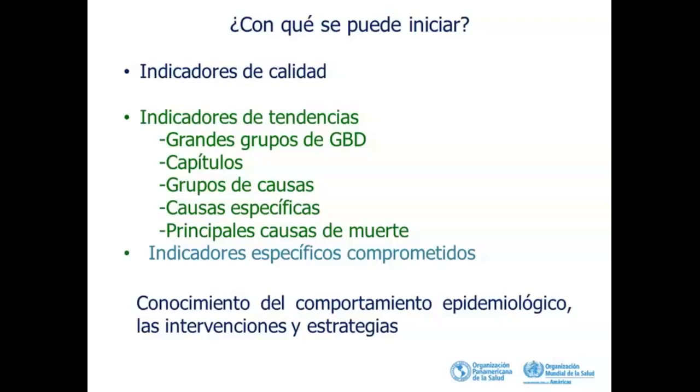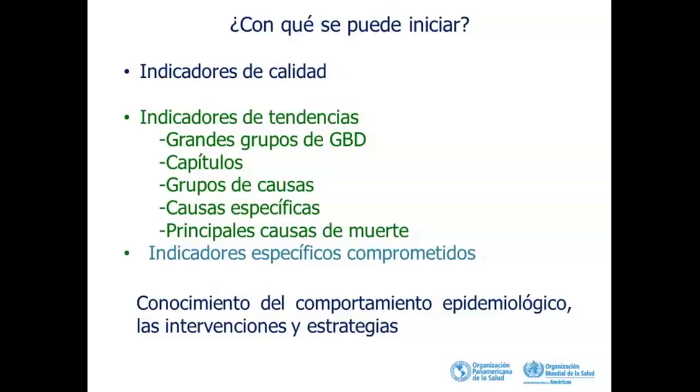And once again, I insist, we need to know about the epidemiological behavior linked to interventions and strategies. Why? Because mortality may decrease, which is expected, due to a good health system, due to interventions, or it might increase because something happened. And once again, I need to play in the sense of, is it due to classification or the event by itself? So it's necessary and can be done, of course.